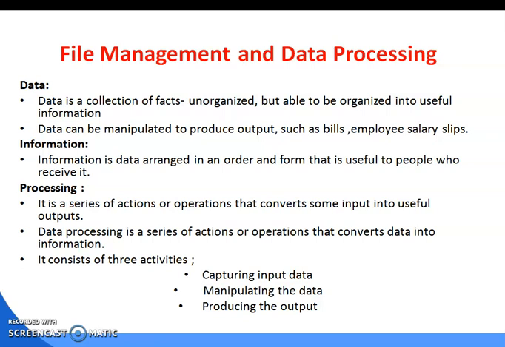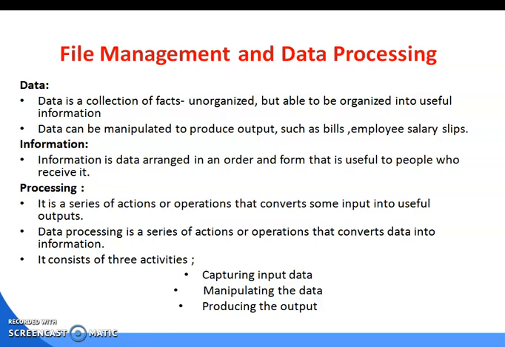Before going to the file concept, first focus on the fundamental concepts of data, information and processing. So what is data? Data is a collection of facts, unorganized but able to be organized into useful information. Data can be manipulated to produce output such as bills and employee salary slips. And then information.